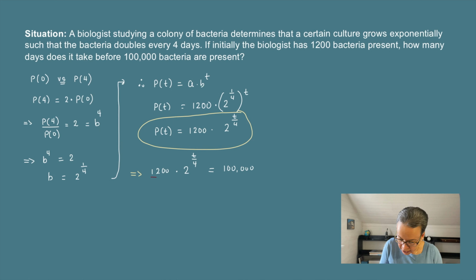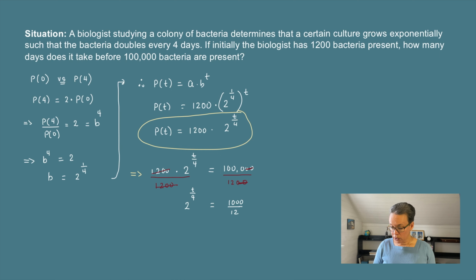Now, in order to isolate, we will divide both sides by 1,200. So on the left, they'll cancel out, and on the right, I can cancel 2 zeros. So now I am going to have 2 to the t over 4 is equal to 100 divided by 12. Actually, no, it should be 1,000 divided by 12.